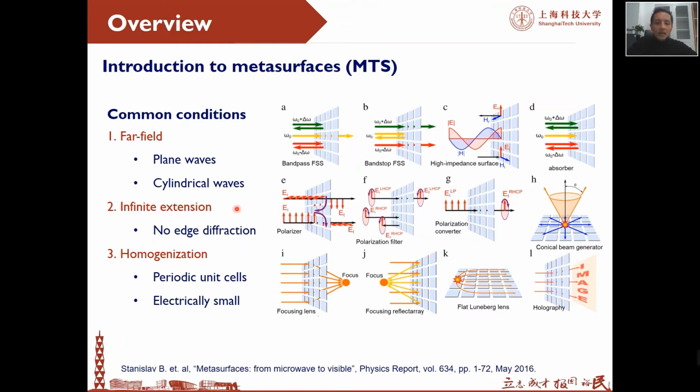The second will be the infinite extension, so that the surface is infinitely extended, so there won't be any edge diffraction. The third one is that every unit cell is electrically small, so the fields vary slowly over one unit cell. In that way, the overall metasurface field may be homogenized or averaged, so that the overall metasurface can be represented by a certain boundary condition.